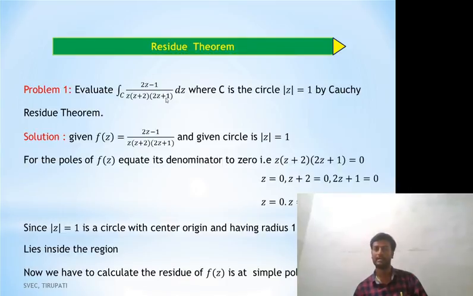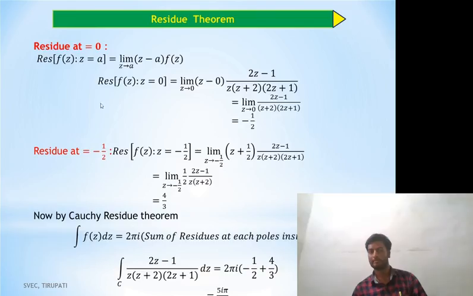So you need to find the residue at those points, z equal to 0 and z equal to minus 1 by 2. Because these are simple poles, you usually find the limit as z tends to a of z minus a into f of z. See, residue at 0: in place of a it is 0, and z cancels. Now as z tends to 0, it is minus 1 by 2.